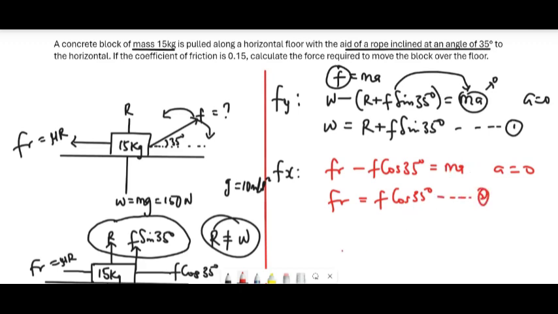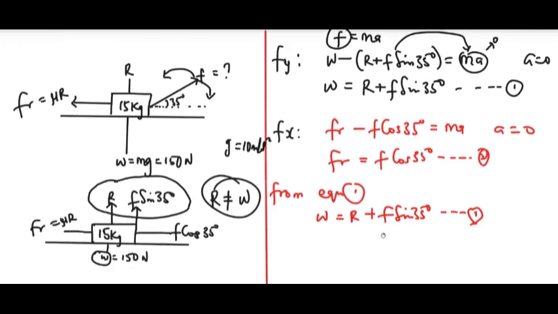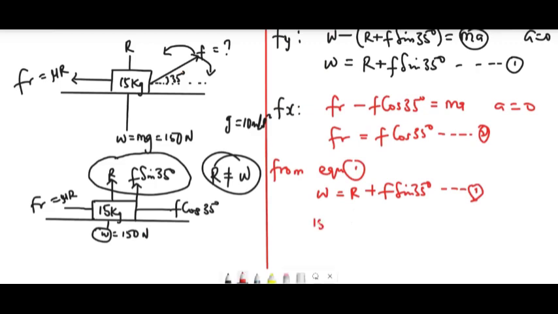So for me to solve both equations, I have from equation 1, W equals R plus F sine 35 degrees, right? This is your equation 1. So can I solve something with it? My W is 150 newtons.